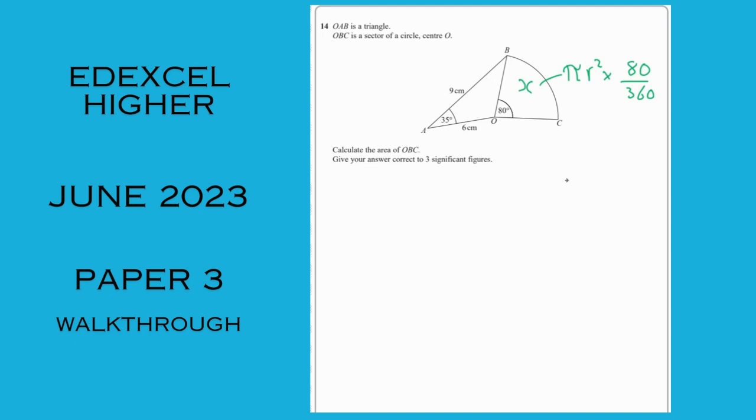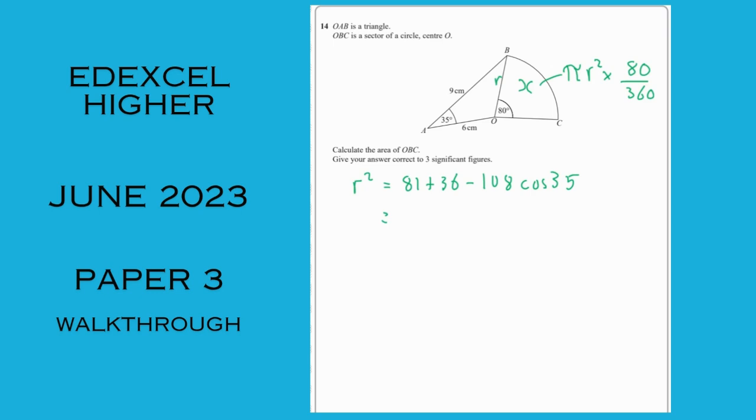We don't know r, but we can work out r because we've got 9 split by 6. In other words, we have the cosine rule. Feel free to flick ahead or back or look it up, but I'll just quote it and use it straight off. So r squared will equal 9 squared, 81, plus 6 squared minus 2bc, in other words, 2 9s times 6s, 108, cos the angle that splits them.